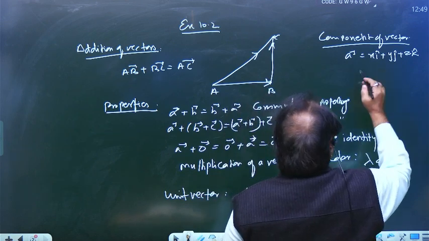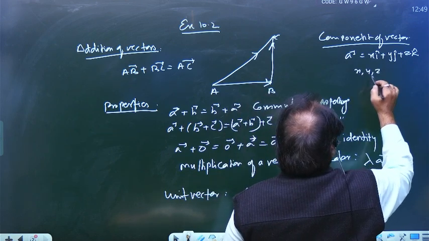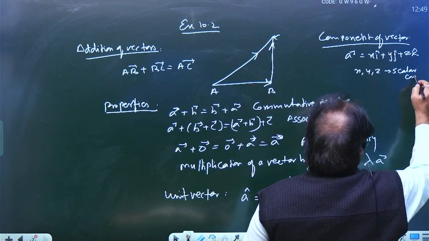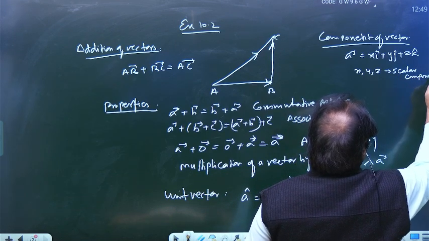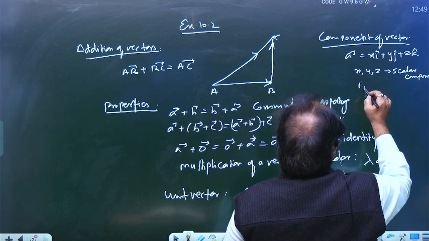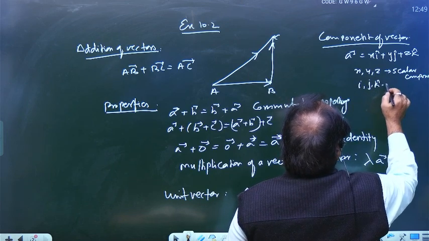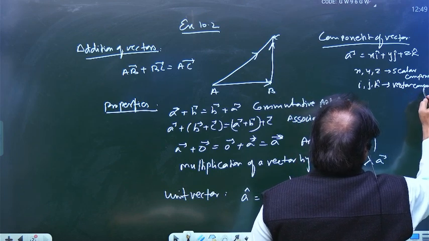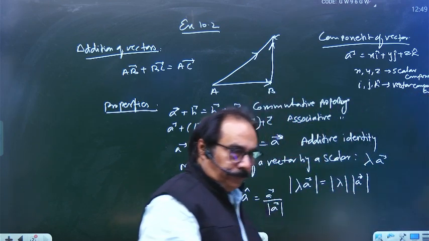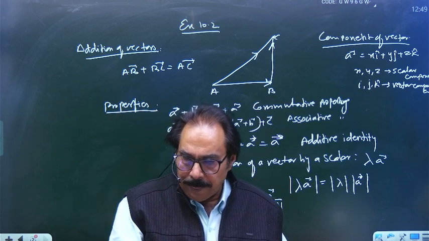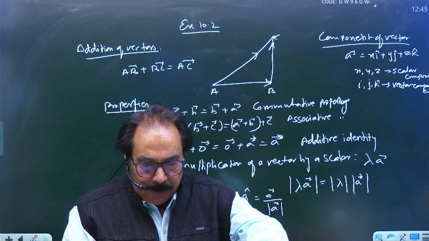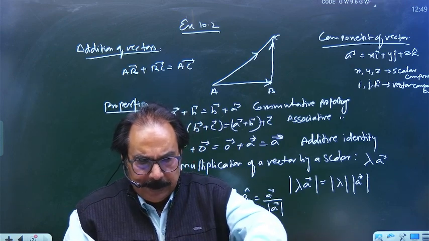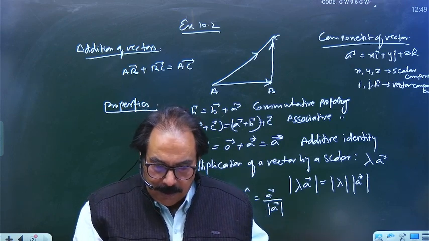Here x, y, z are called scalar components, and i, j and k are called vector components. Keeping these concepts in mind, now move to the exercise.